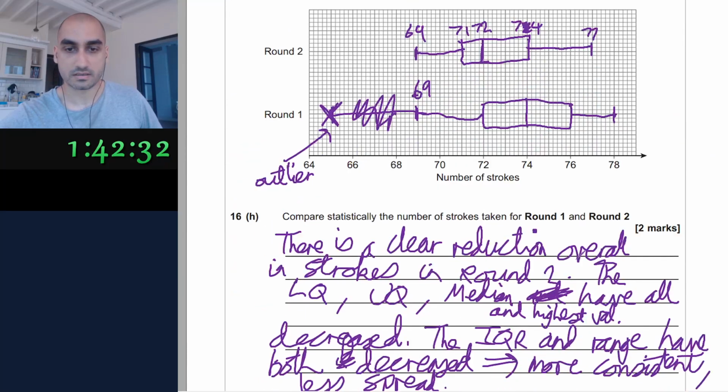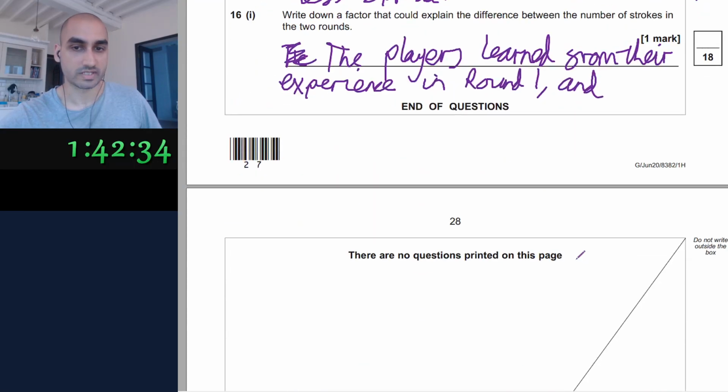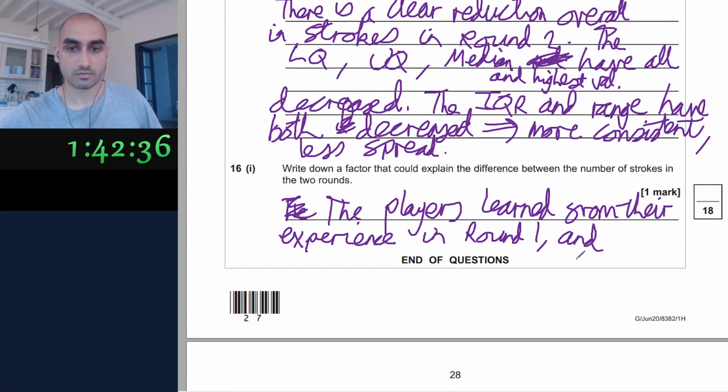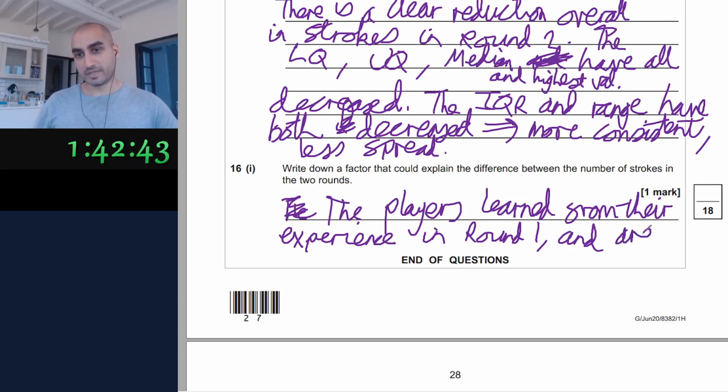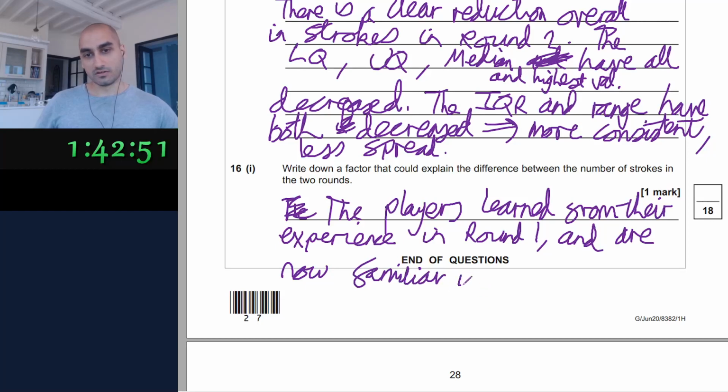Yeah, same players. And it must be the same course, otherwise they're not comparable. So the players learn from the previous round and are now familiar with the course. They actually know where the hole is and everything, and what's difficult about it and so on.